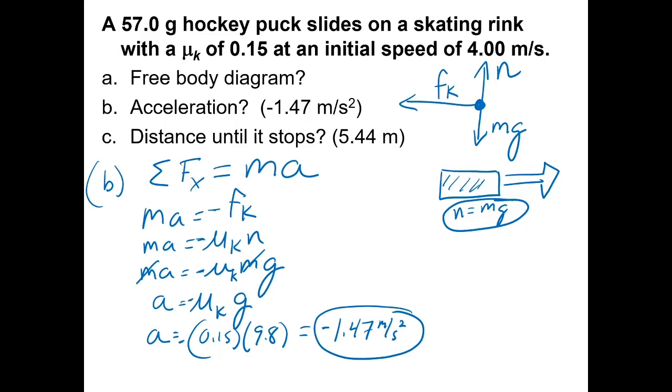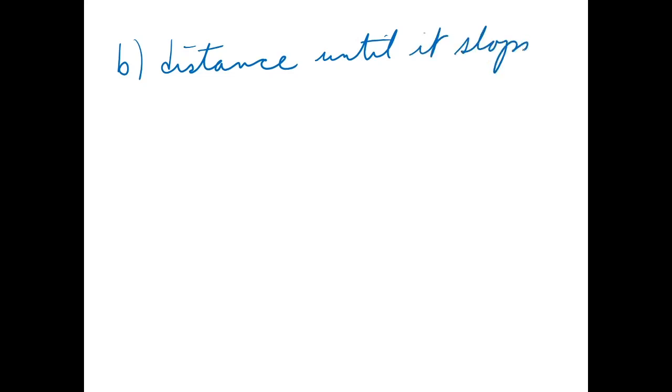Now let's get the distance until it stops. So we know the acceleration, and we know the initial speed, and I think I have a blank slide here for us. So to get the distance until it stops, what we're going to do is use the time independent equation.